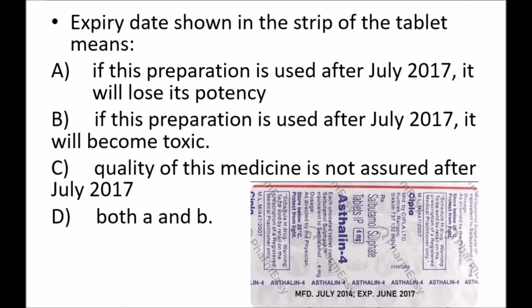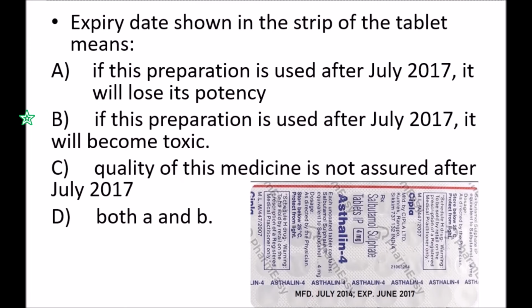And the next question is, expiry date shown in the strip of the tablet means option A. If this preparation is used after July 2017, it will lose its potency. Well, it may lose, it may not lose. We cannot be certain of it. Option number B. If this preparation is used after July 2017, it will become toxic.